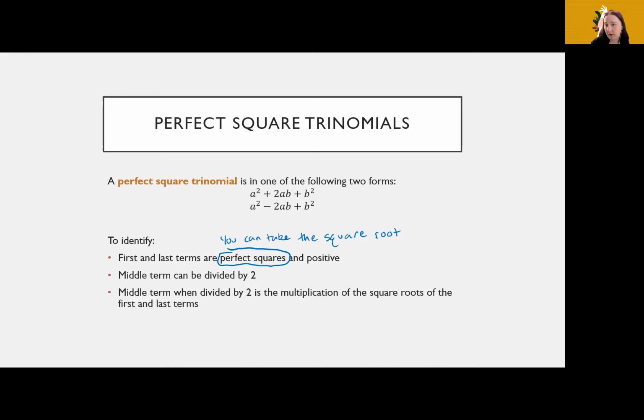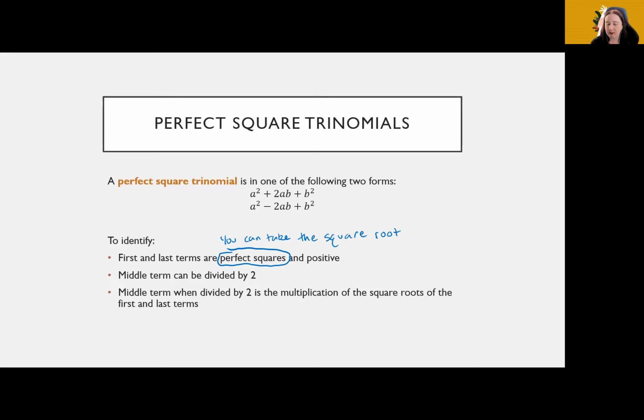The middle term needs to be a multiple of 2 because the formula has 2 times this thing. So you have to be able to divide the middle term by 2. That's how you know it's a multiple of 2. And then when you divide it by 2, that answer is the multiplication of the square roots of the first 2 parts.